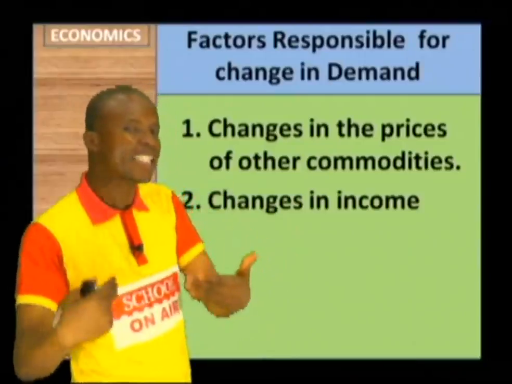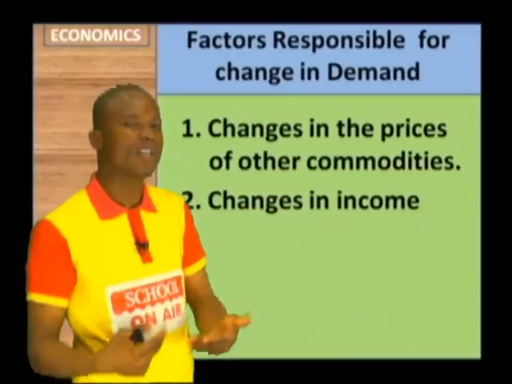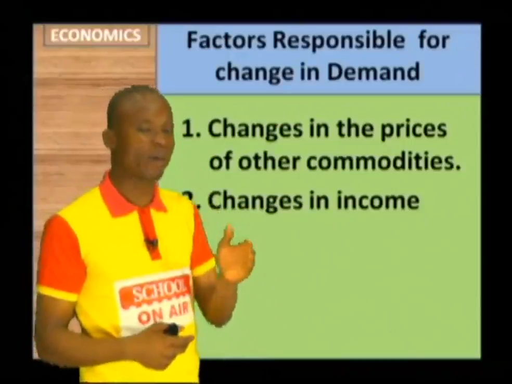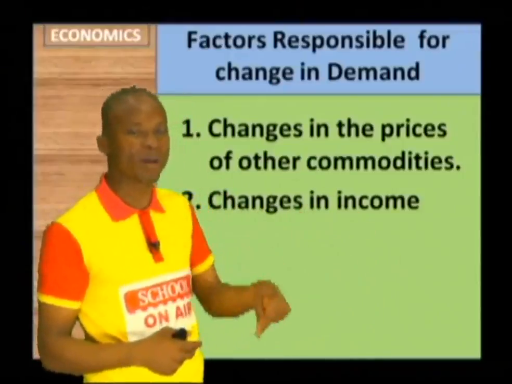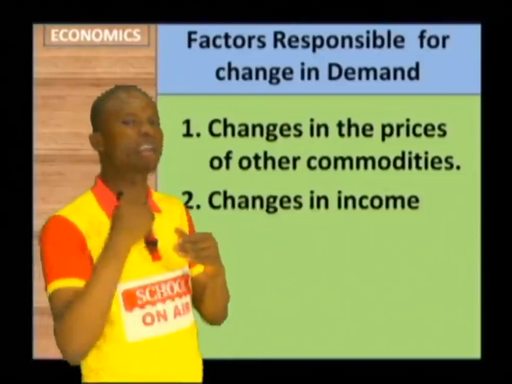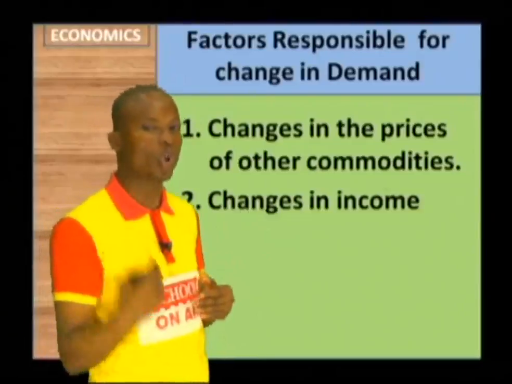Now, why is his demand for clothing going to increase? Is it because clothing material has become cheaper? No. The reason why he's going to be spending more money on clothing is not because clothing has become cheaper, but because his income has increased. So because of the increase in income, his demand for clothing material is also going to increase.